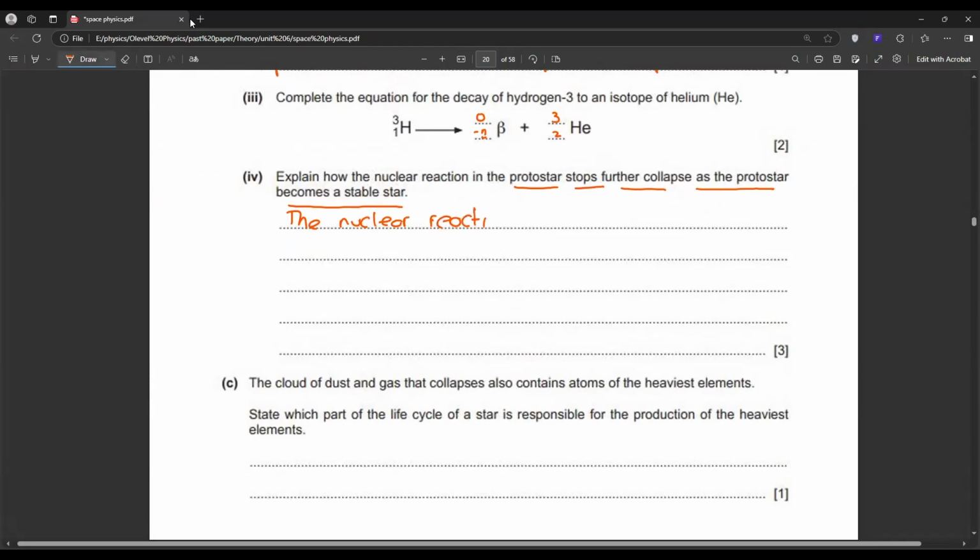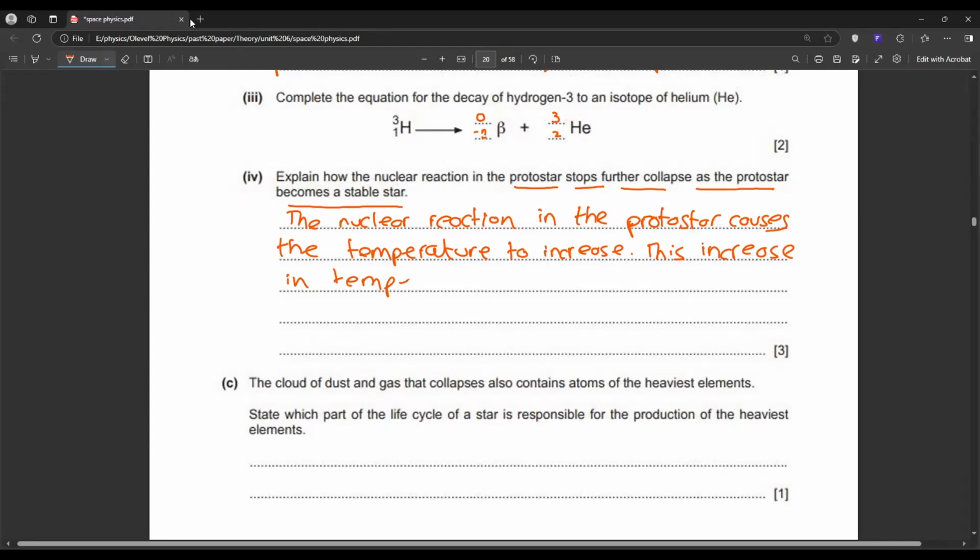The nuclear reaction in the protostar causes the temperature to increase. This increase in temperature causes an outward force.